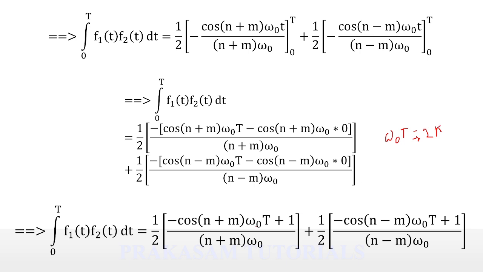So now here substitute omega naught into capital T equal to 2 pi, and here also substitute omega naught into capital T equal to 2 pi.